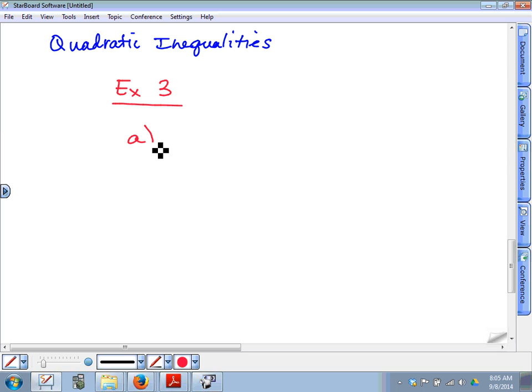Example 3. We'll start off kind of easy. x squared minus x minus 42 greater than or equal to 0.